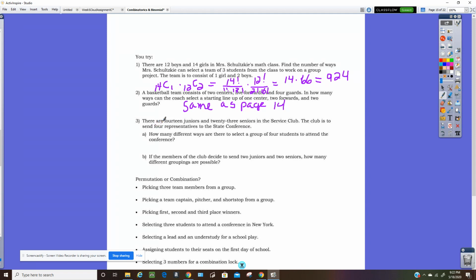So this one: there are 14 juniors and 23 seniors in the service club. The club is to send 4 representatives to the state conference. How many different ways are there to select a group of 4 students to attend the conference?